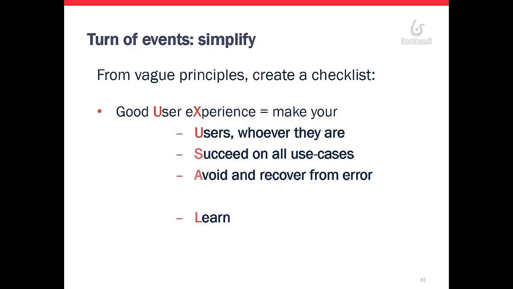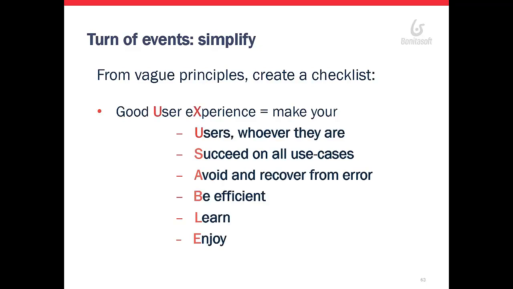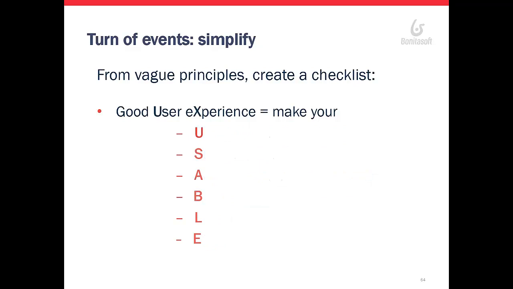They need to avoid and recover from errors. They need to be efficient while doing their tasks. And the most important, they need to enjoy it. They need to show satisfaction. So it makes a usable grid here that you can also rely on to remember those.